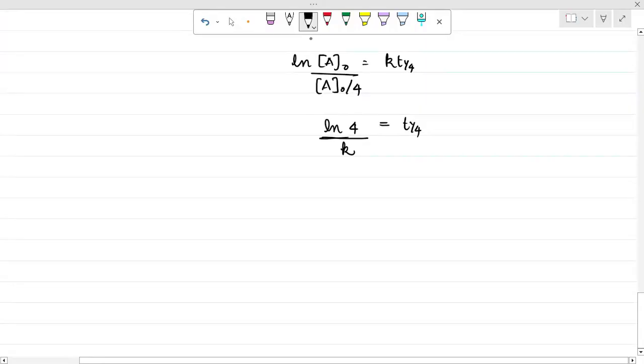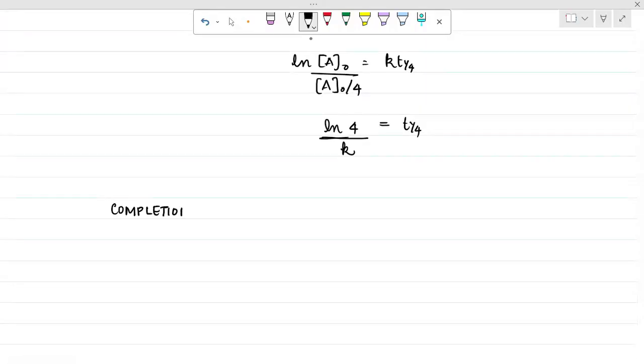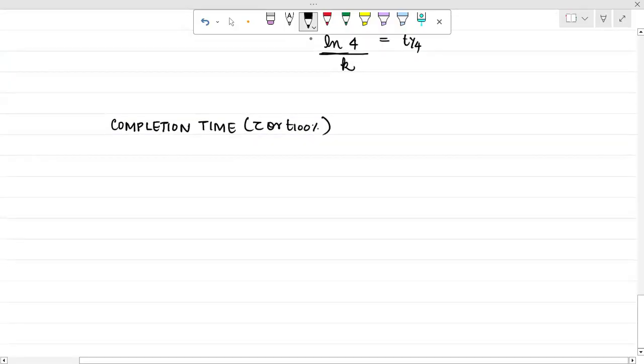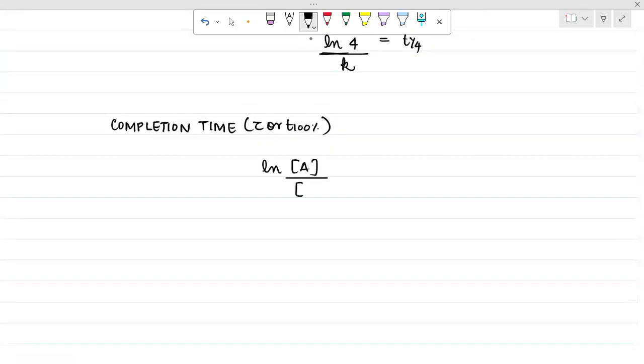Next thing, completion time, T100 or tau. So it is the time required for the final concentration to be 0. Correct?